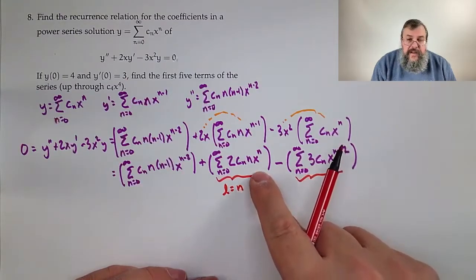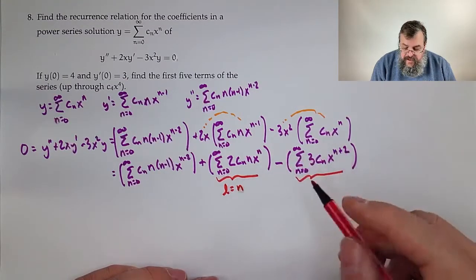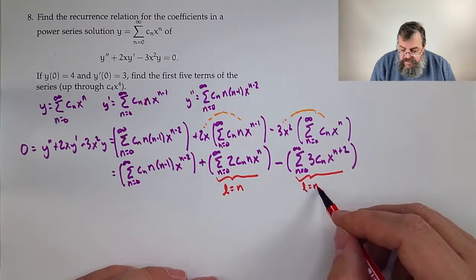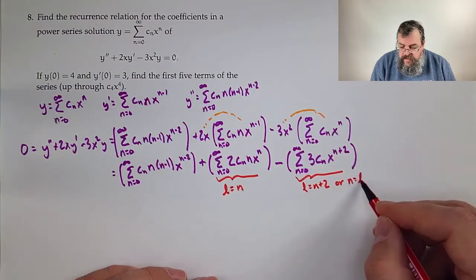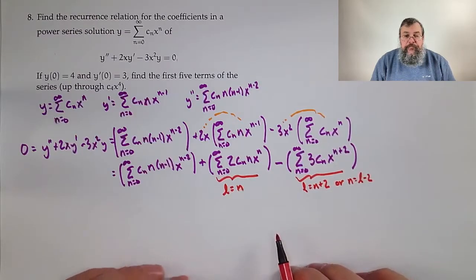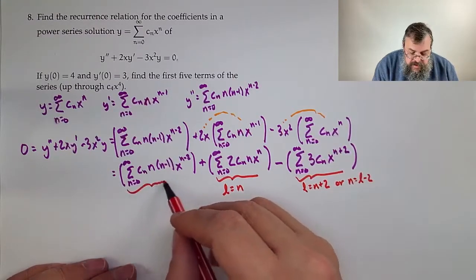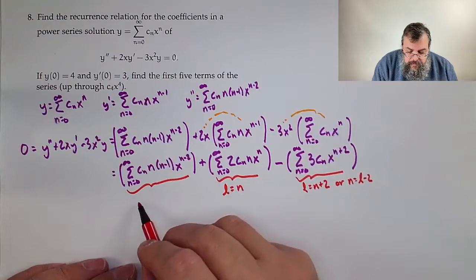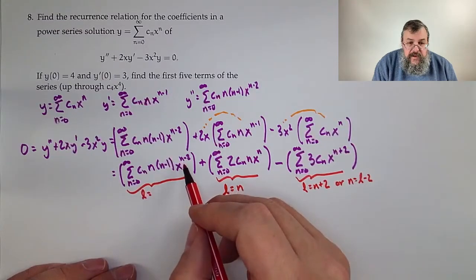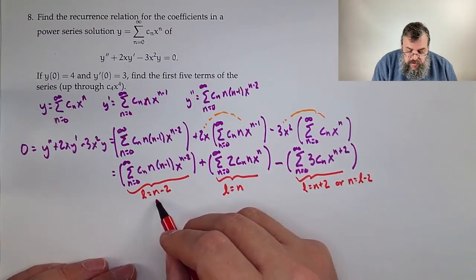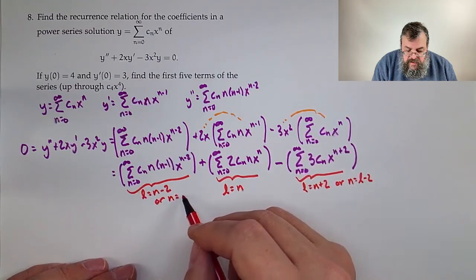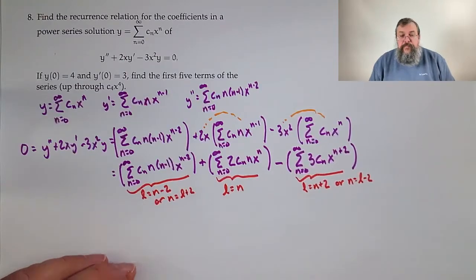Well, we want everything to look like x to the L. So here we'll say L equals n plus 2, or of course we could say n equals L minus 2. And now on this part here, since our goal is to make everything like x to the L, L equals n minus 2, or n equals L plus 2.